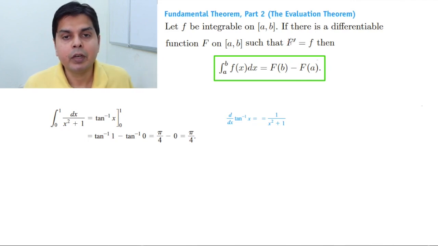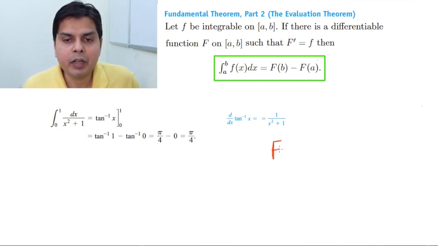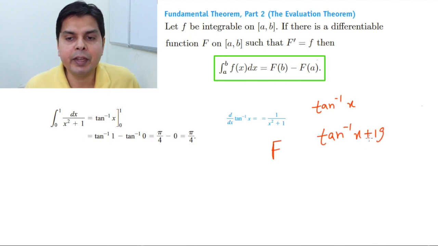Now you can say that this function F is not unique. Why? Because I can take one F, in this case tan inverse x, as my capital F. Some other student can say, okay, why take tan inverse x? Let's take tan inverse x plus 19. Very true, he can take this also. But this constant will not make any difference.